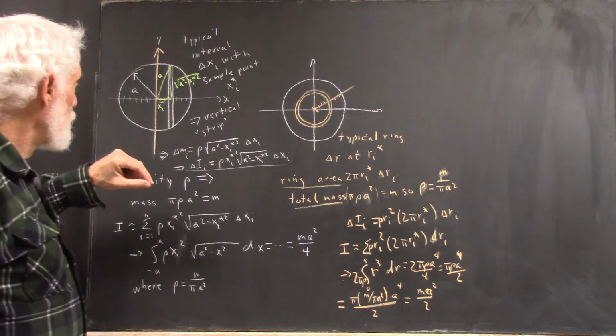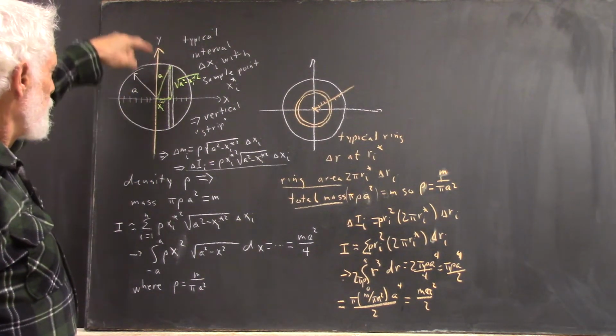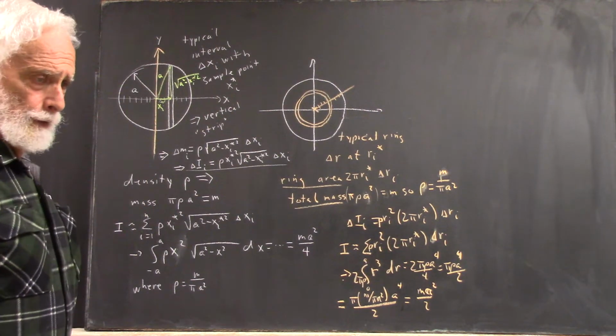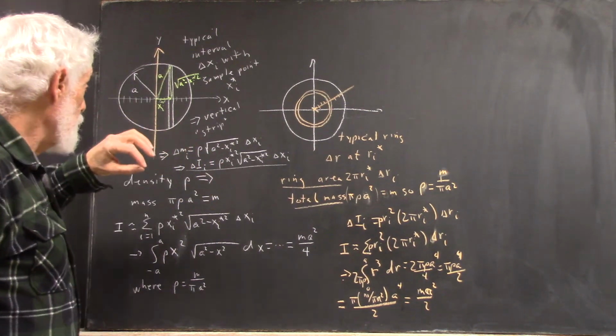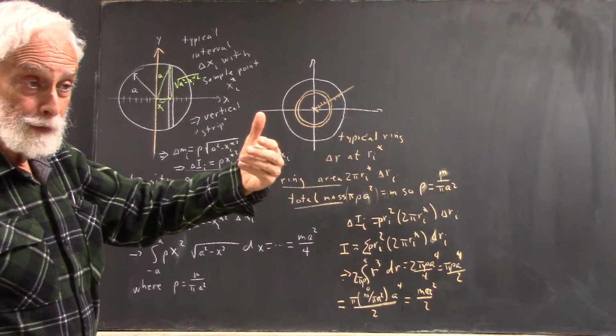So, in calculating moment of inertia about the y-axis, the idea simply is let's find a locus of points where all the points are at an equal distance from the axis.